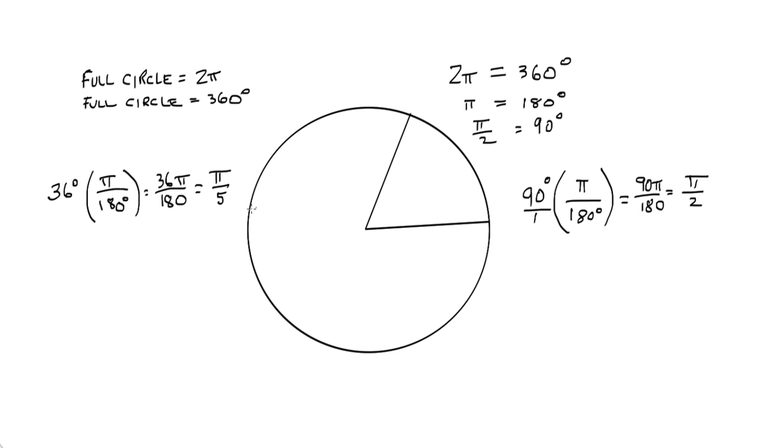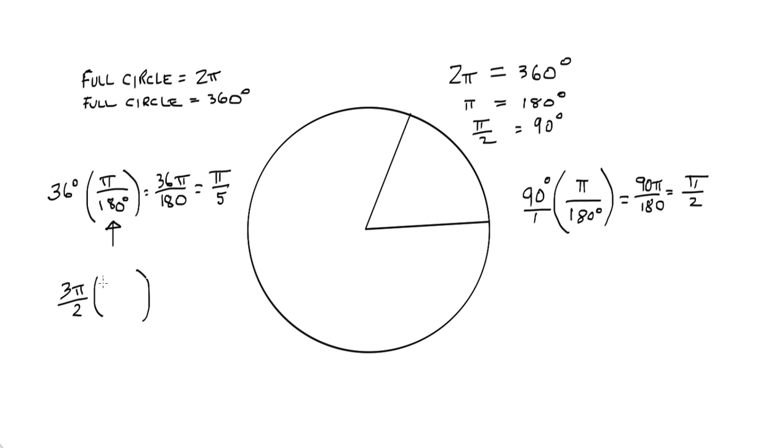Now, what if I wanted to go from radians back to degrees? Well, I hope you could see that if I have to multiply my degrees by pi over 180, then I have to multiply my radians by 180 over pi to go to degrees. I'll give you a way of remembering that in just a second. So what if I said, let's see, what if I had 3 pi over 2 radians, and I wanted to know how many degrees that was?